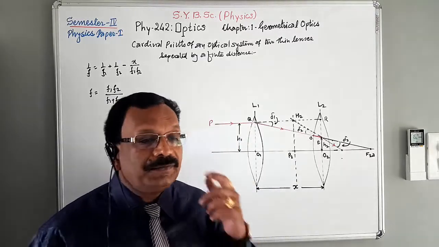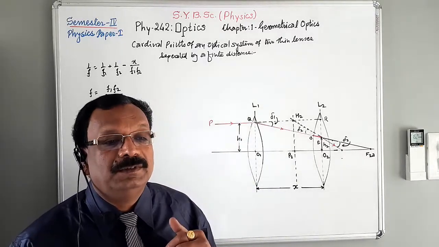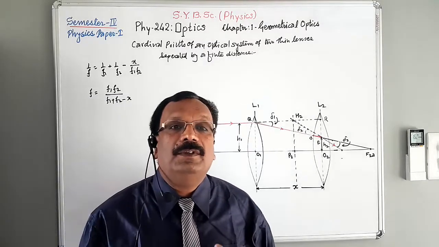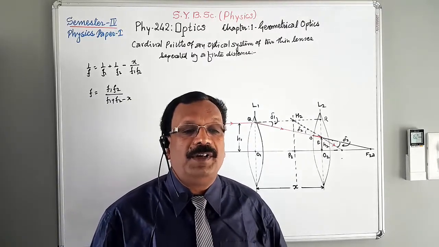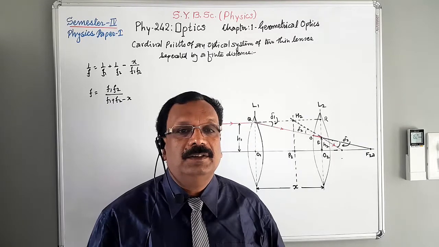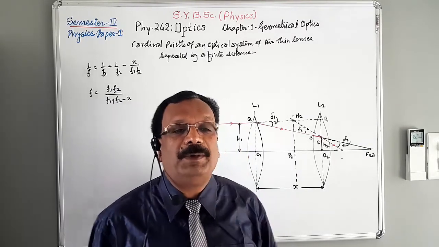Now let us find the position of the different principal points. There are 2 principal points.